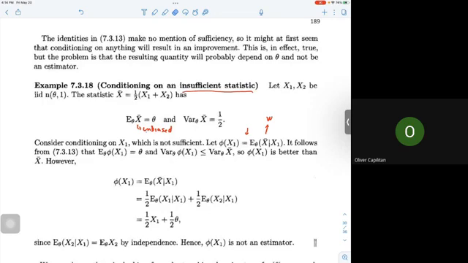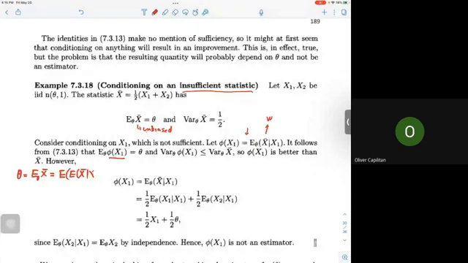That expression may not be very clear, so let us say that phi of X1 is an unbiased estimator of theta. We have theta equal to the expectation of the sample mean because it is an unbiased estimator indexed by theta. Then, using the identity, the unconditional expectation is equal to the expectation of the conditional expectation of our sample mean given X sub 1.